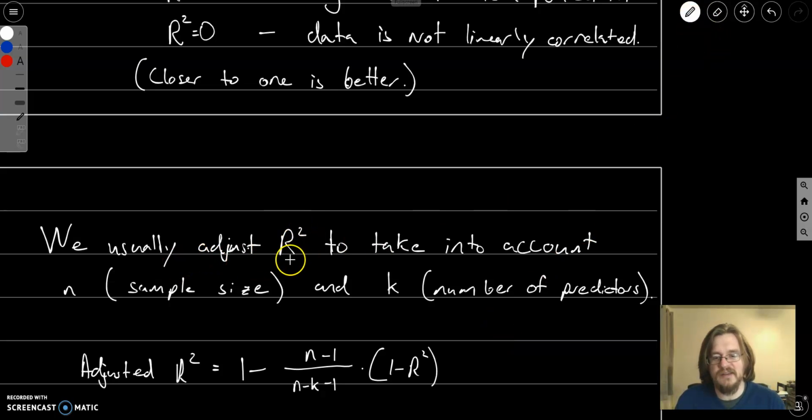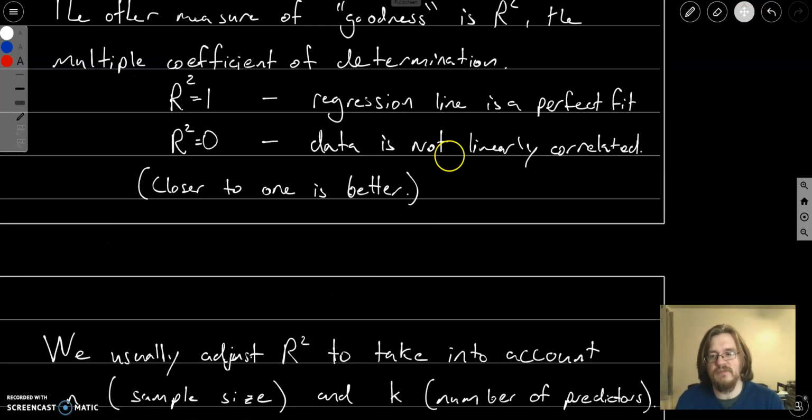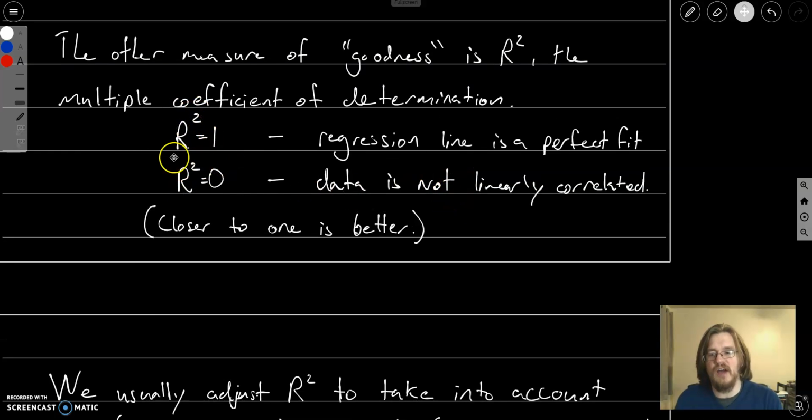The other thing that we'll do just after I introduce R squared is we're actually going to adjust R squared. The reason that we do this is there's one problem with using R squared by itself without adjusting it, and that is simply using more variables to predict the response makes R squared go up.